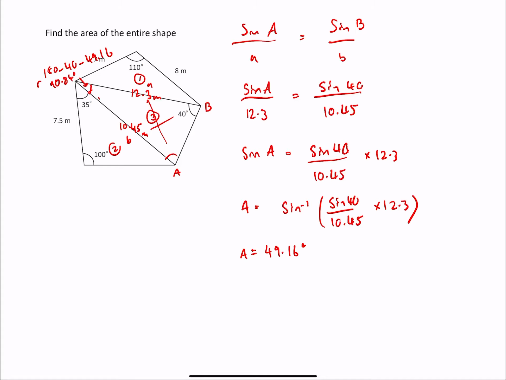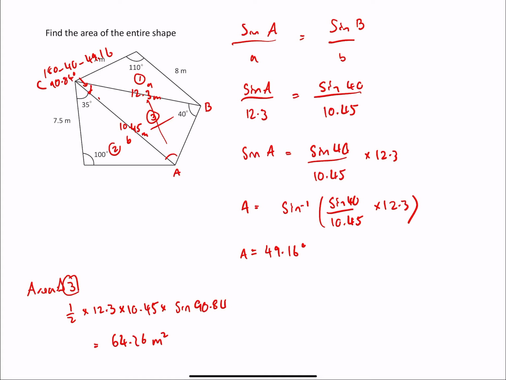I've got A, I've got B, this is my C. So, area of triangle 3 is going to be a half times 12.3 times 10.45 times sine 90.84, which is 12.3 times 10.45 times sine of my previous answer is 64.26 meters squared.